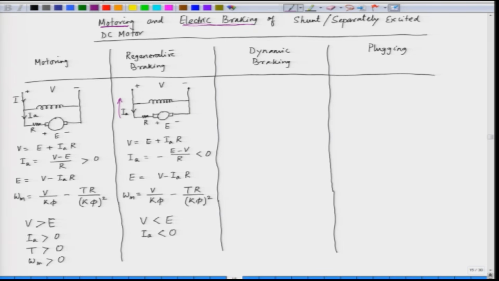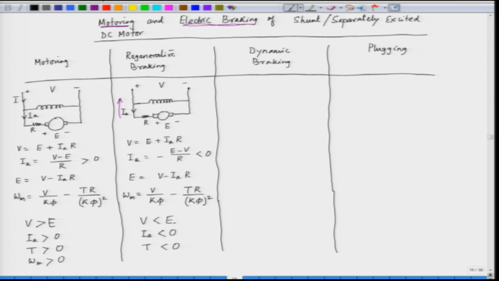It means the motor is working as a generator, delivering power to the DC source. And then what about the torque here? Torque is negative here, and speed in this case could be positive or negative, but these are our equations. V is less than E, I is less than 0, I is negative, and T is less than 0. So, the motor is behaving as a generator.